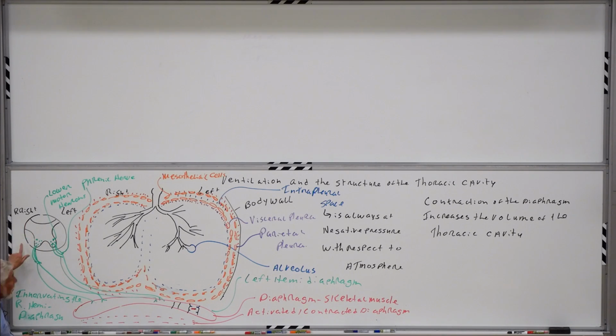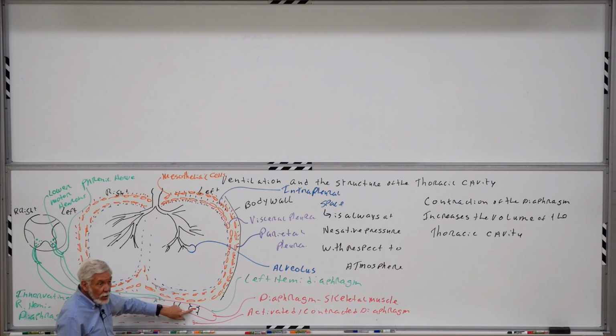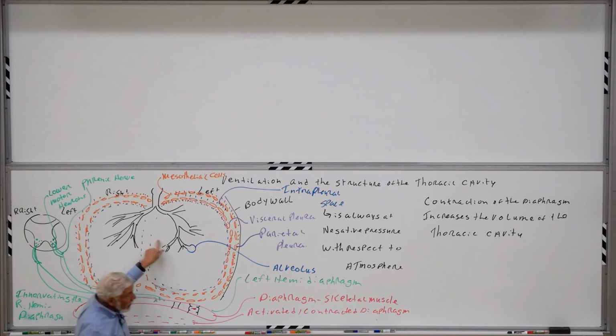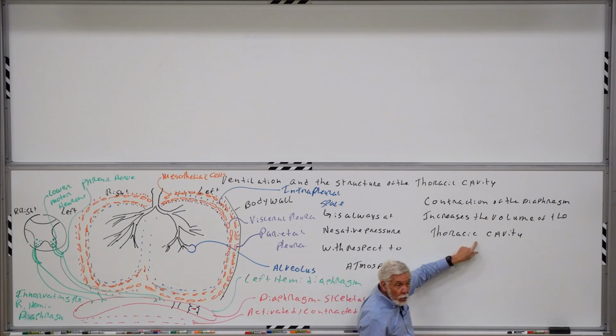If we wipe out the right side, the ventral horn in here, if there's some sort of damage, or if in fact there's a Brown-Séquard incident where you cut the spinal cord in the cervical region halfway, you will lose innervation to this side of the diaphragm. But the other side of the diaphragm will still work. It won't work as efficiently. It won't be quite as good, but it will still shorten. It will still increase the volume inside the thoracic cavity. And so by increasing the volume, you're now going to generate a pressure differential.